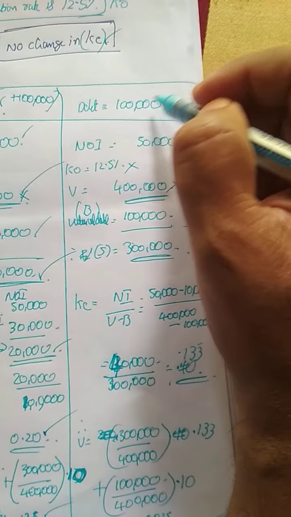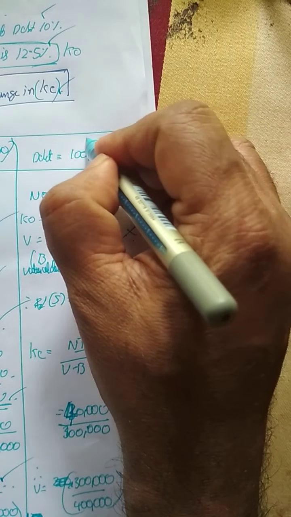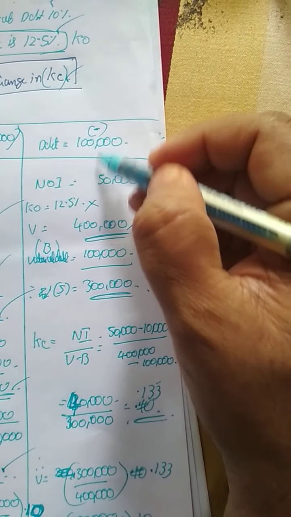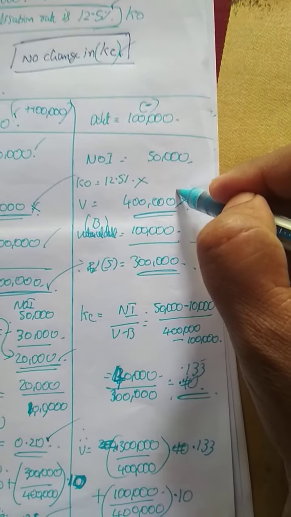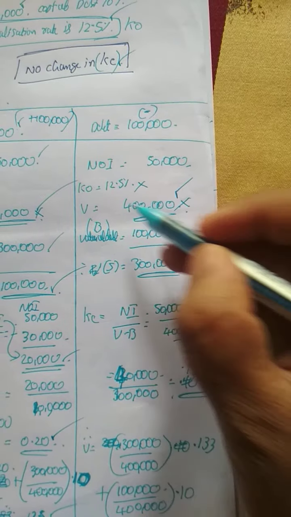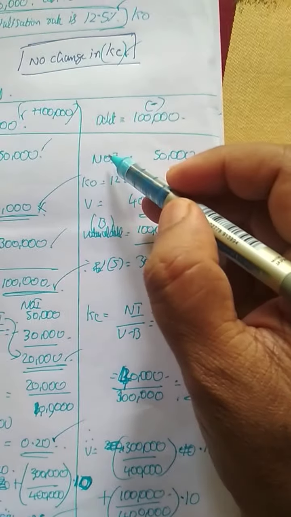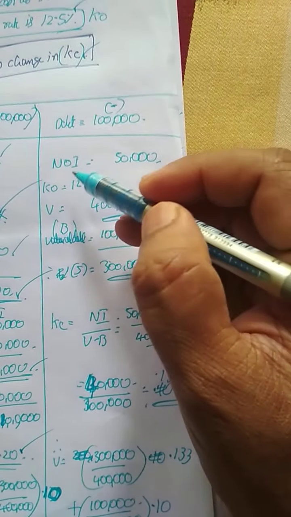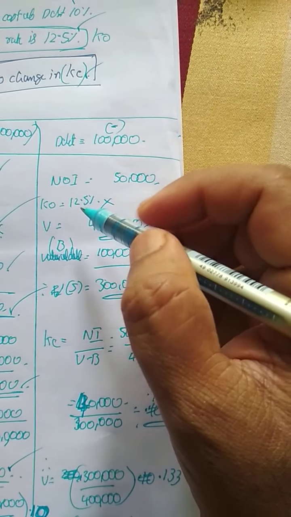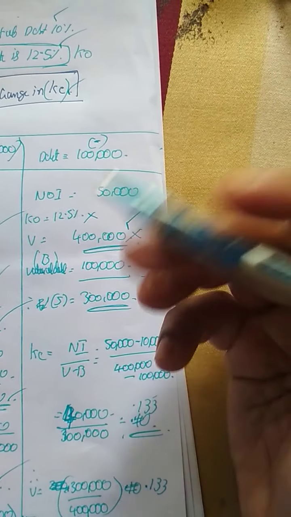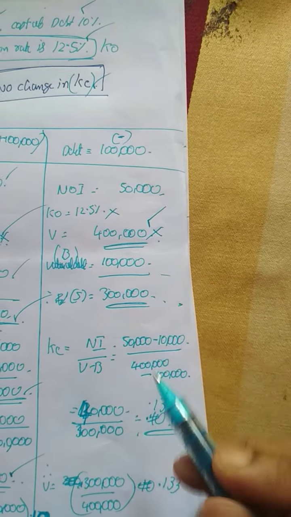Even if we are lowering debt leverage by 1 lakh, the same process we will repeat. There also we will get the same value of the company because there is no change in the value of the company. Hence the equation is net operating income divided by KO.